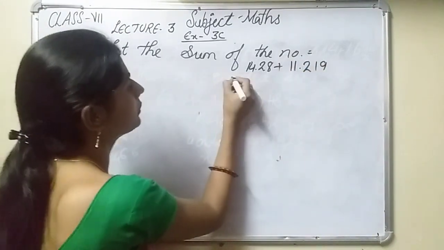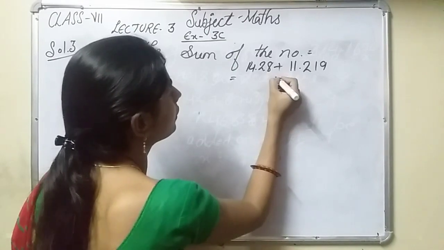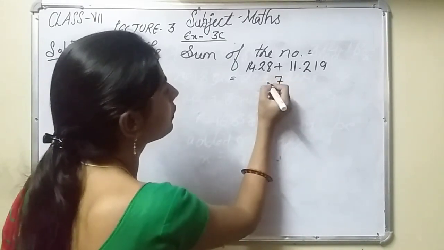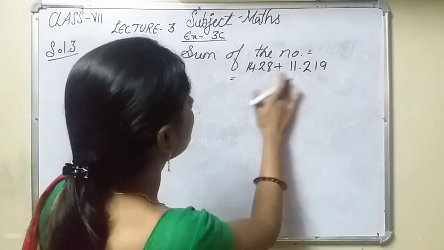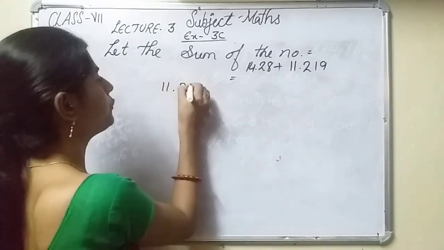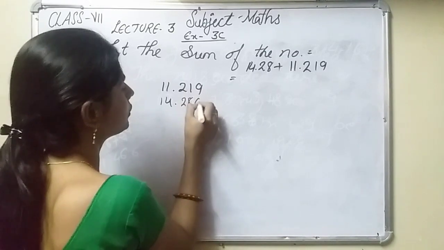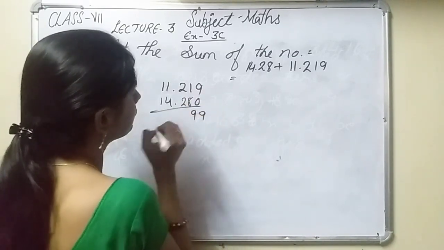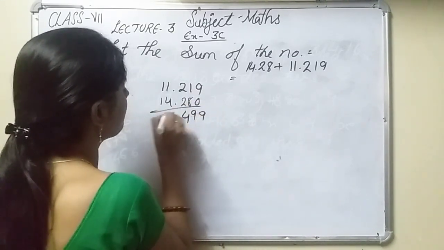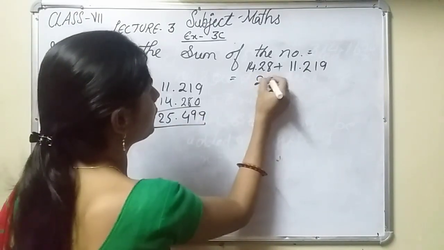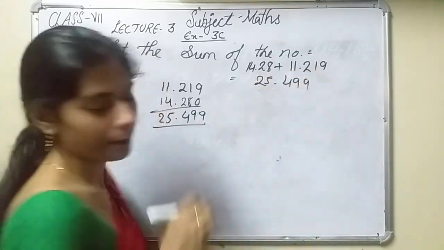Add the numbers. 11.219 plus 14.280 is 25.499.